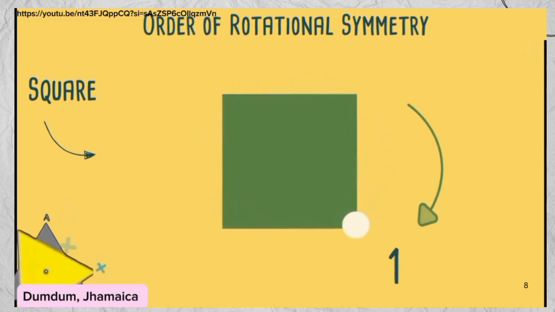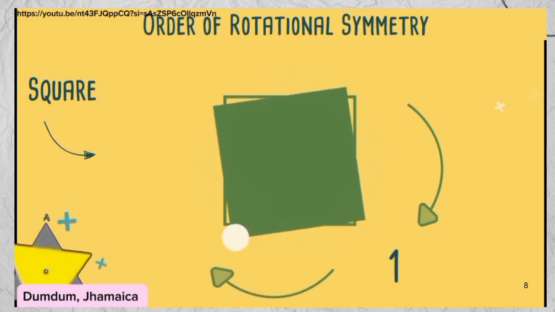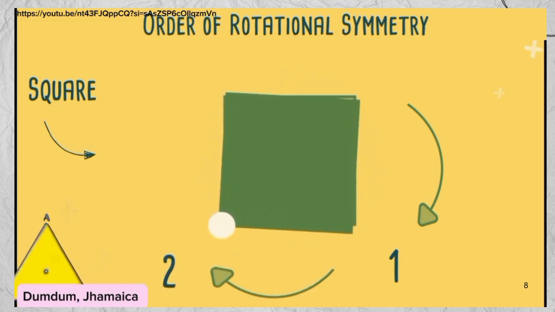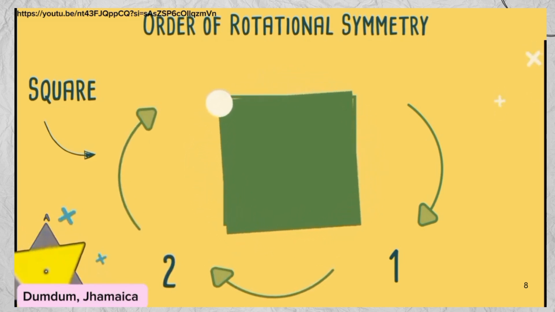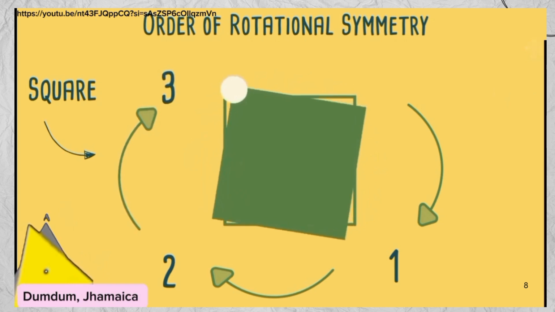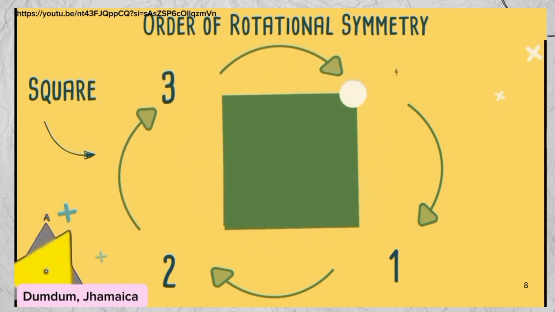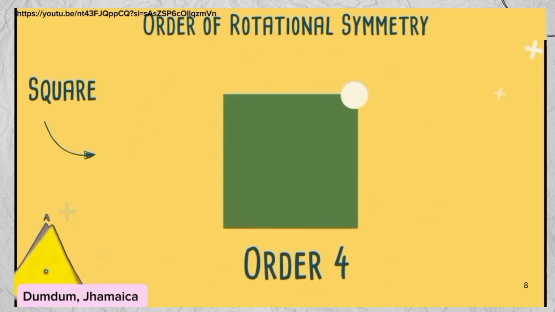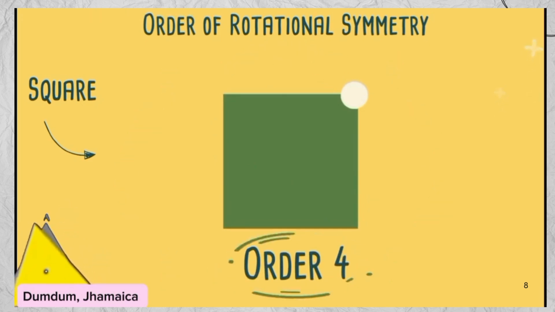As we rotate the square, we can see it looks the same in four different positions, when the reference point ends up back at the starting position. Therefore, it has rotational symmetry, and this square has order 4 rotational symmetry.